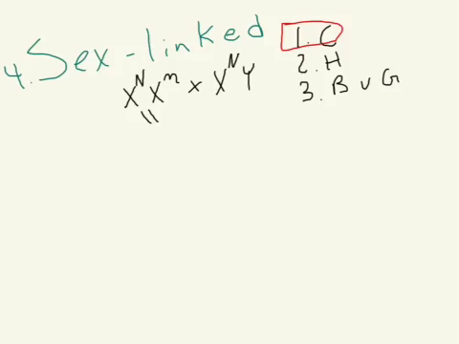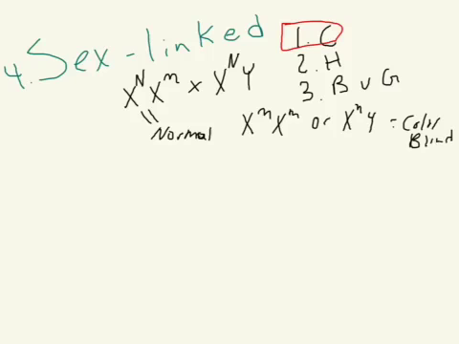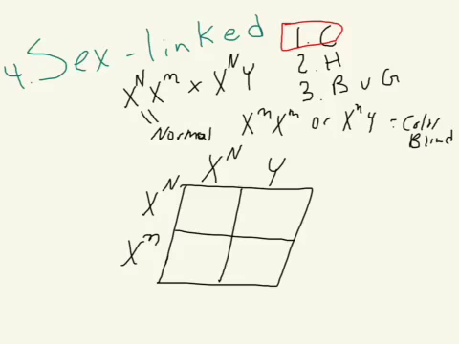We have XN being normal, and when we see X little n, or X little n Y, we have colorblind. So those are our alleles that we're going to be using. So what I did was I defined our alleles here. We have XN being normal, X little n, or X little n Y. Those are colorblind, and I just went ahead and set up the cross for you guys.